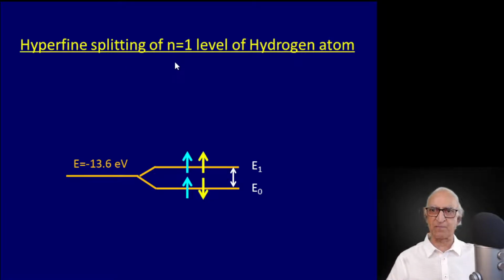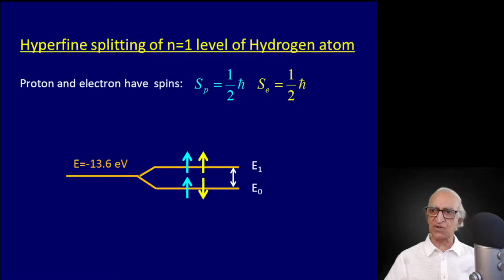In particular, the hyperfine splitting of the ground state of the hydrogen atom, which is the n equal to 1 level of the hydrogen atom, which has an energy of minus 13.6 electron volts. That, I argued, will be split into two levels, which correspond to the following.